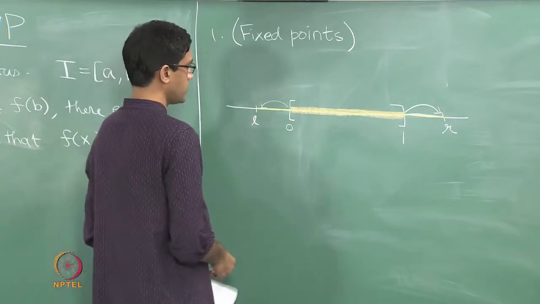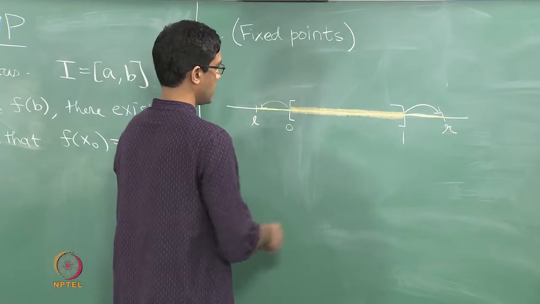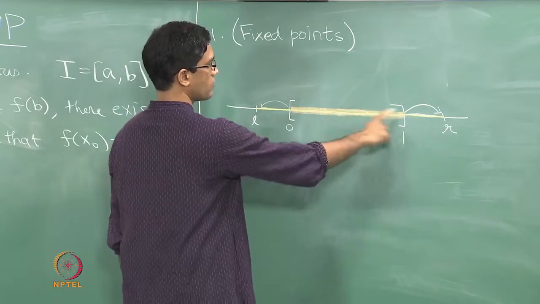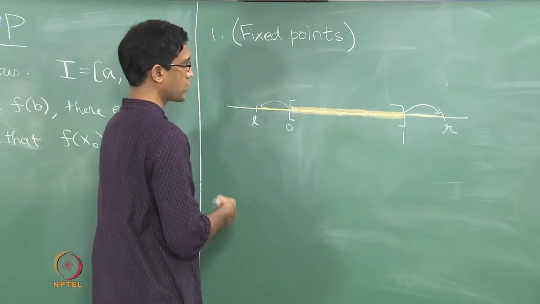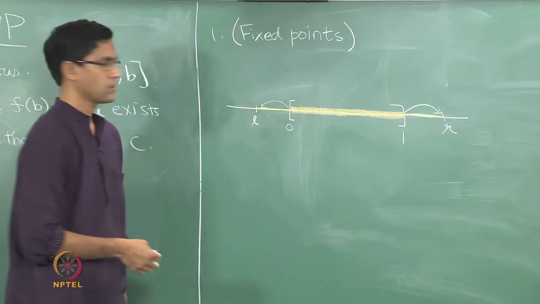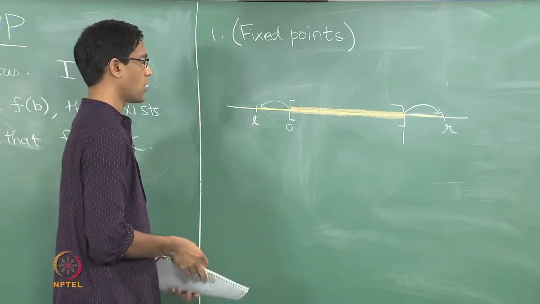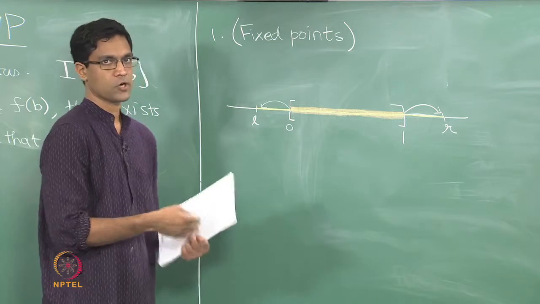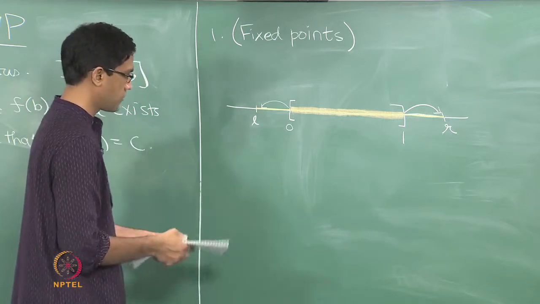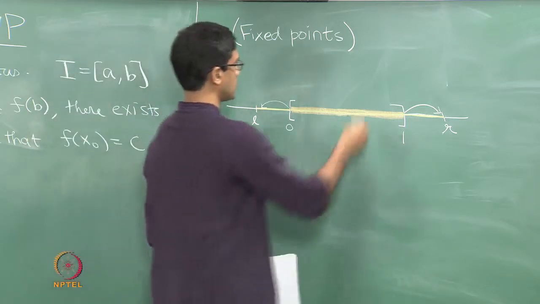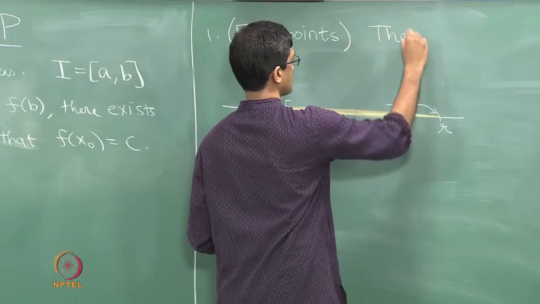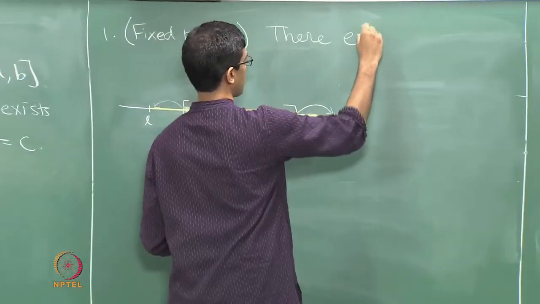And now here's the interesting statement. It says there exists a point on the original rubber band which does not move during this stretch. Okay. So there is a so-called fixed point, a point which does not suffer any displacement during this transformation. So let's write it out. Here's the statement which we'll try and prove.